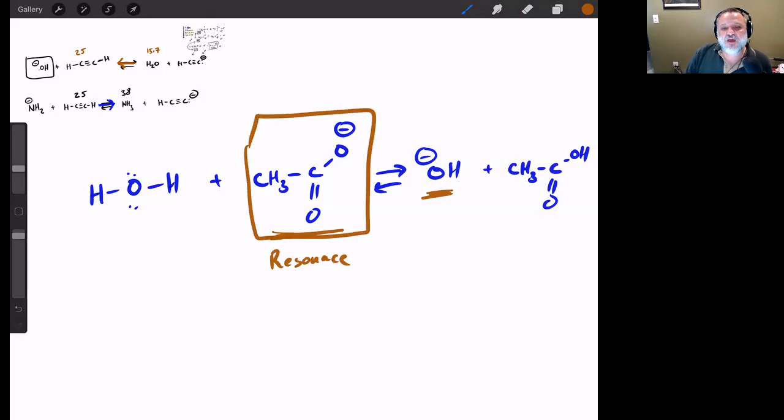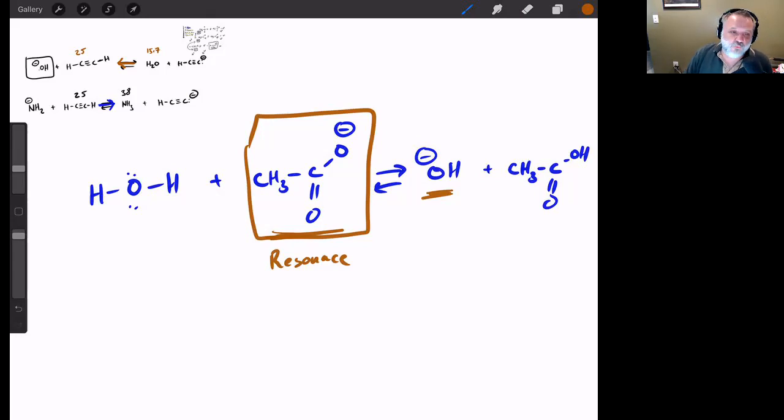And so if I have a species that's more stable on the reactant side, then which way does the reaction actually favor? Does it favor the reactants or the products? Well, it's going to favor the side that has the most stable species. And so the answer to the question is no, water is not a suitable reagent to protonate a carboxylate ion.